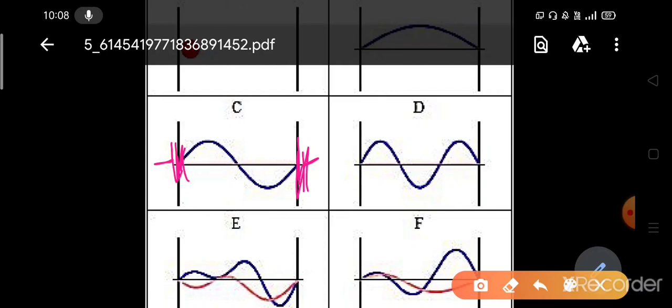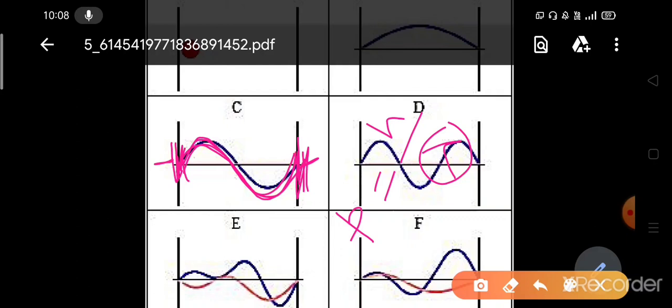Now compare this with de Broglie, because particles that are confined have finite momentum or finite wavelength, since according to de Broglie, p equals h by lambda. Here only certain lambdas are allowed, because they form a standing wave or stationary wave.